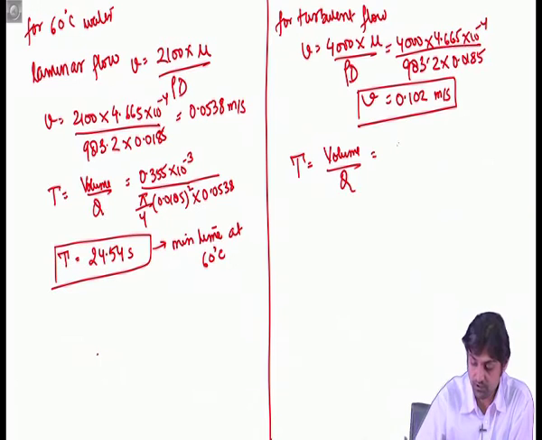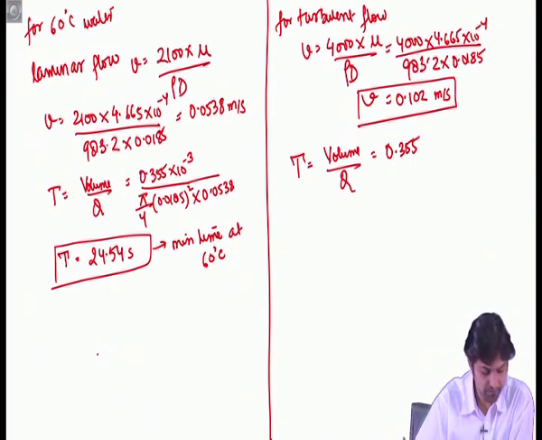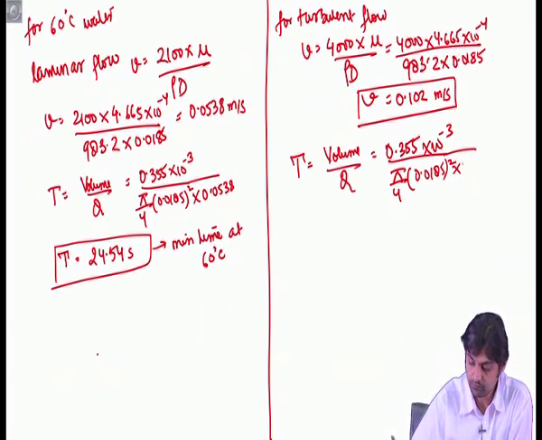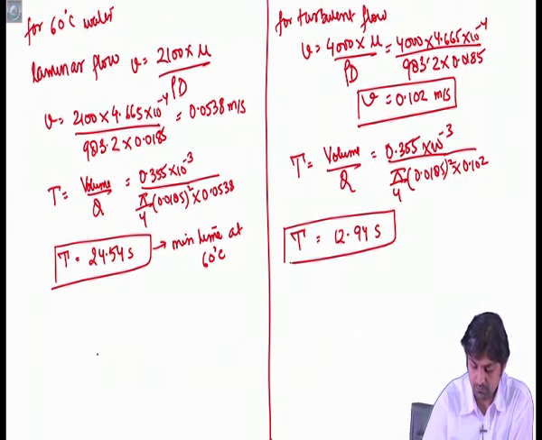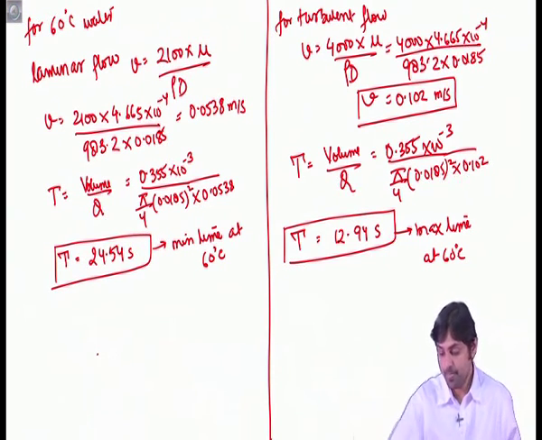So volume is 0.355 into 10 to the power minus 3 divided by the discharge, which gives the maximum time at 60 degree centigrade.